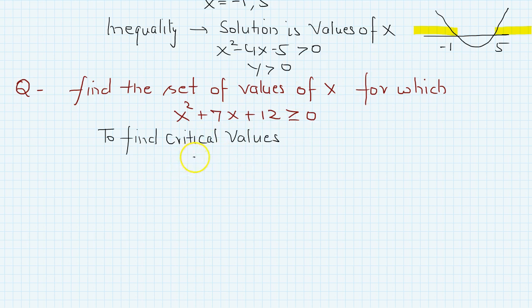We have x squared plus 7x plus 12. We solve it as an equation.